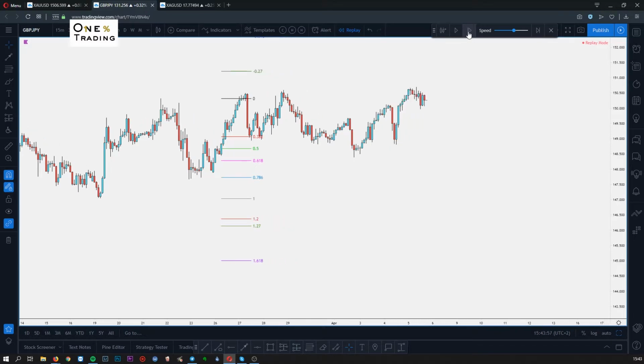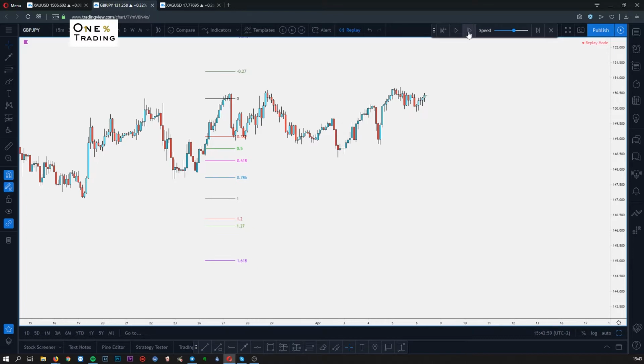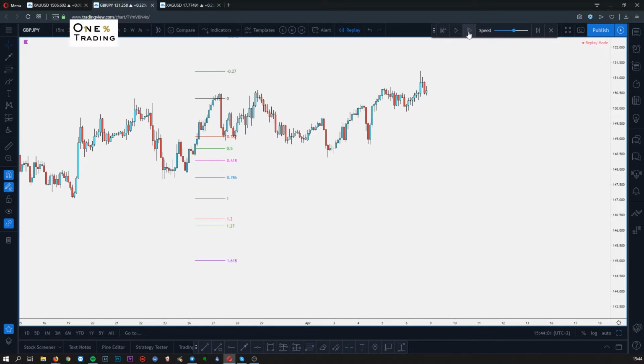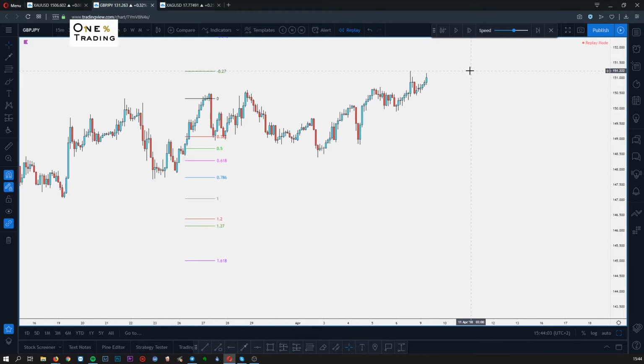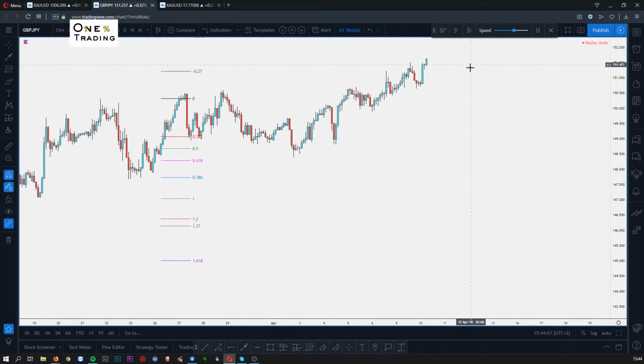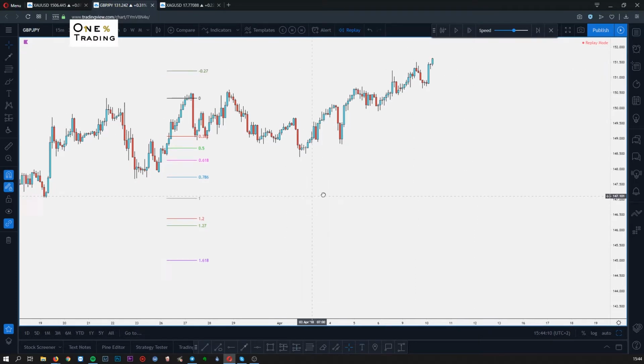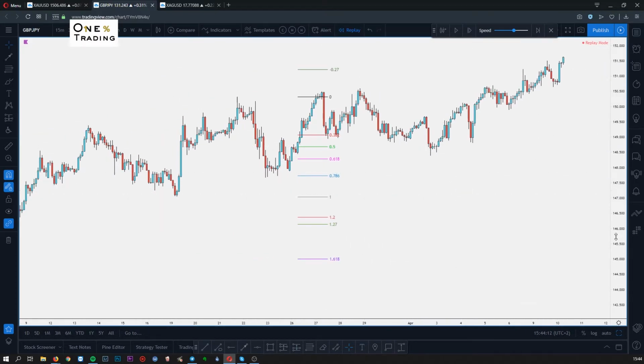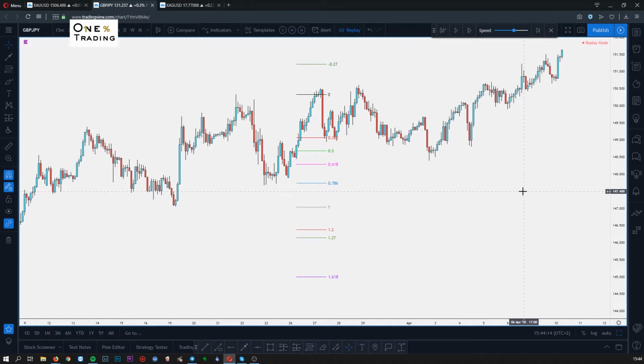Of course, the market can take as long as it wants to, right? So, for example, right here, the target was basically hit, if you're aiming for a 0.27 retracement.